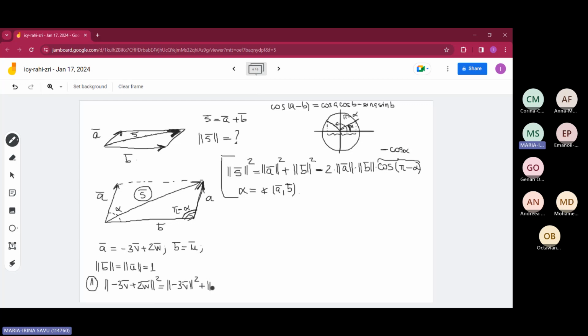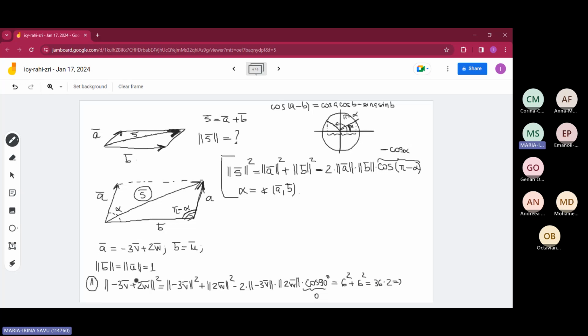Plus the norm of 2w squared minus 2 times the norm of minus 3v times the norm of 2w times, and here you have cosine of 90 degrees, okay, which you know is here. So in the end, you have 6 squared plus 6 squared, which is 36 times 2.